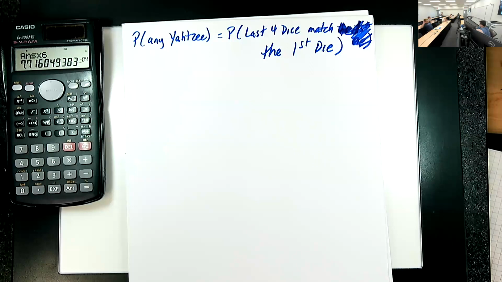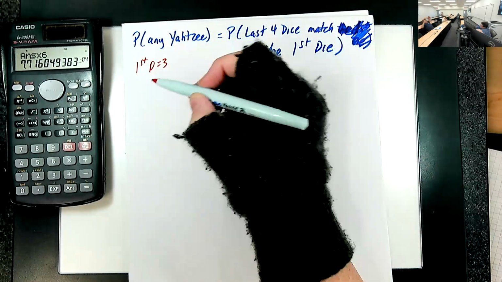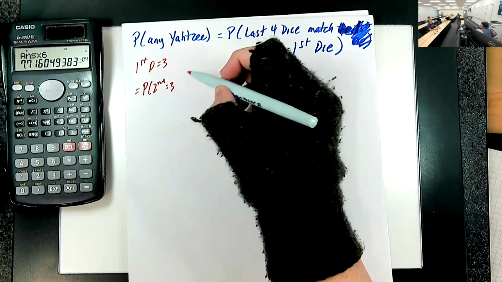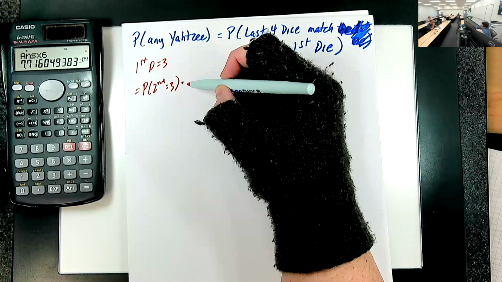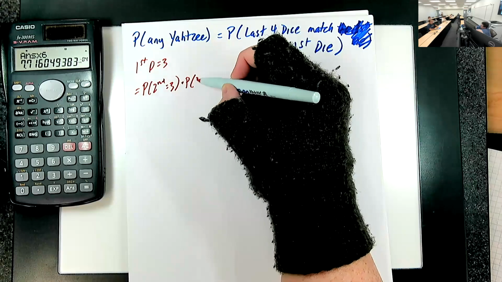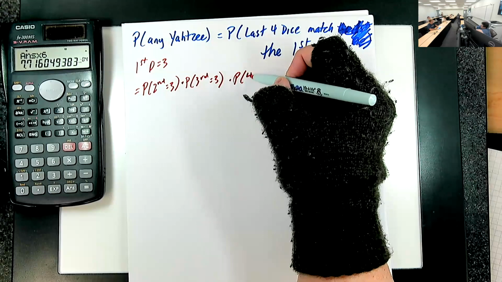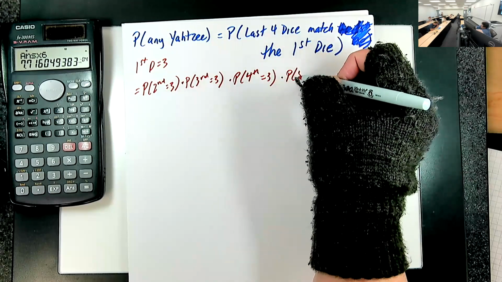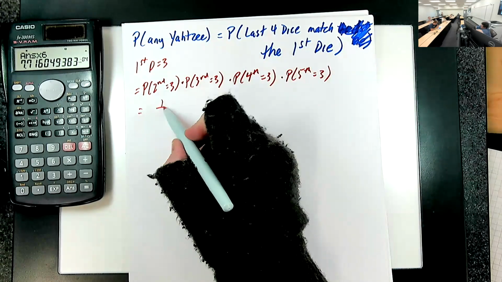So, like in the case we said, the first die equals a 3. This is the probability that the second equals 3 times, since we already know it's multiplication because these are independent events, third equals 3 times fourth equals 3 times the fifth die equals 3. And each of these is 1/6.